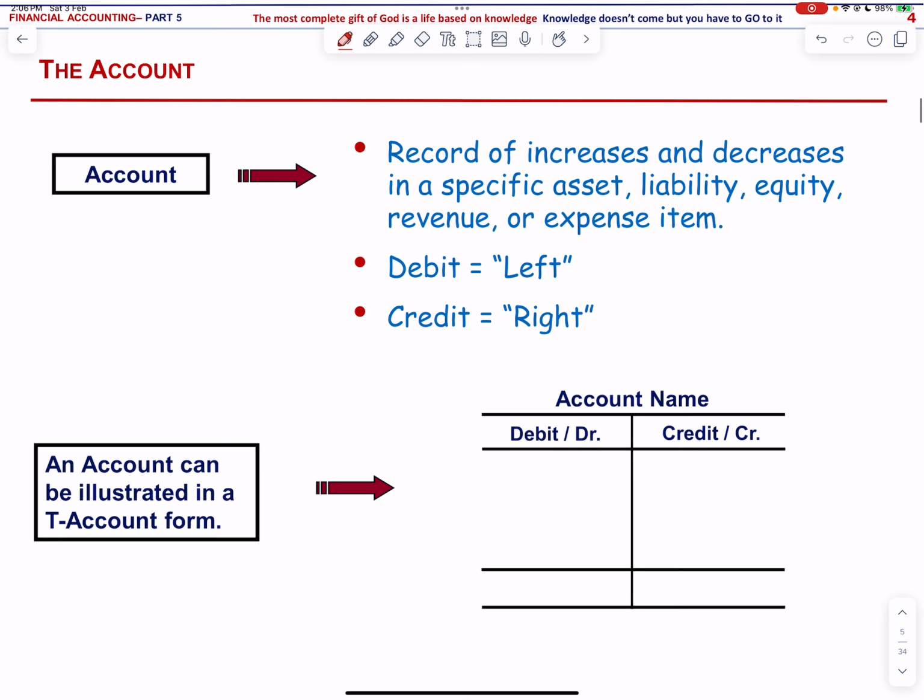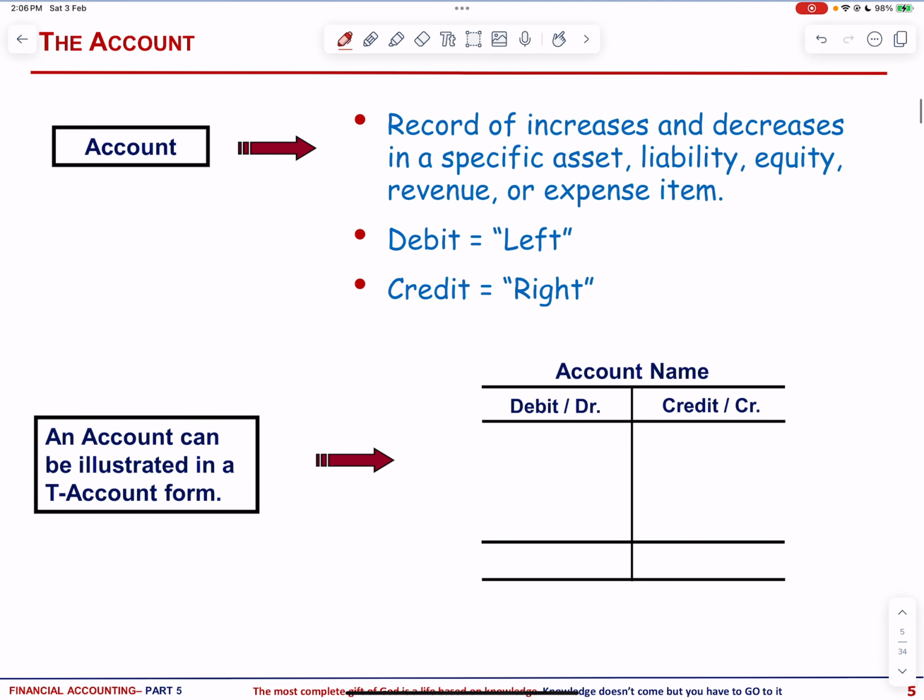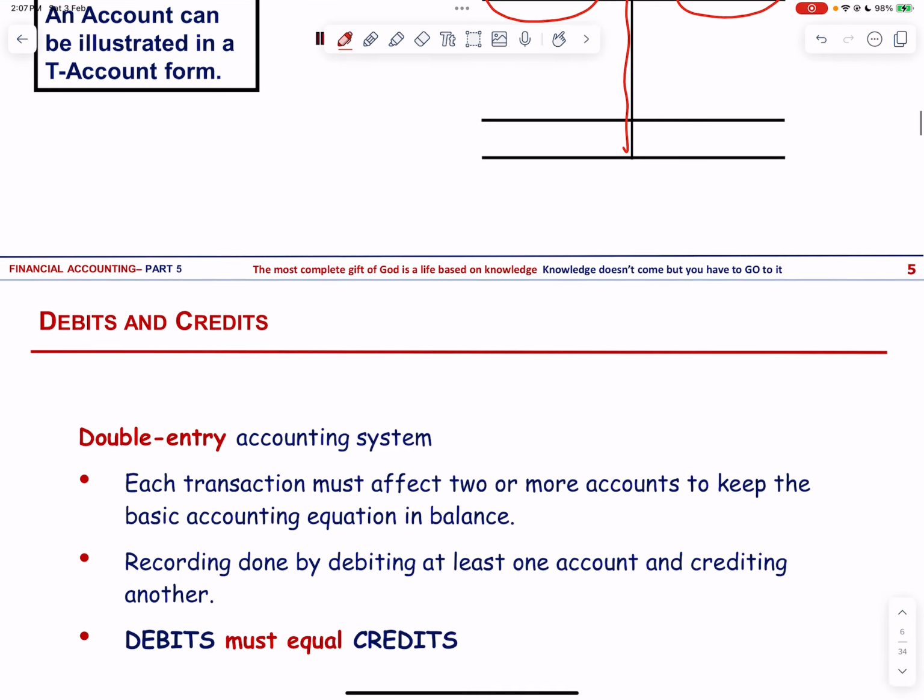So I would like to go back to the concept of account that we have already discussed in the previous video. An account is a record of increases and decreases in a specific asset, liability, equity, revenue, or expense item. The left hand side is called the debit, and the right hand side is called the credit.